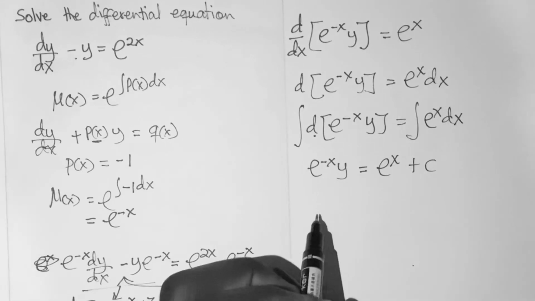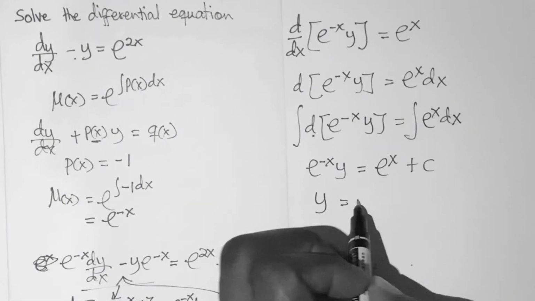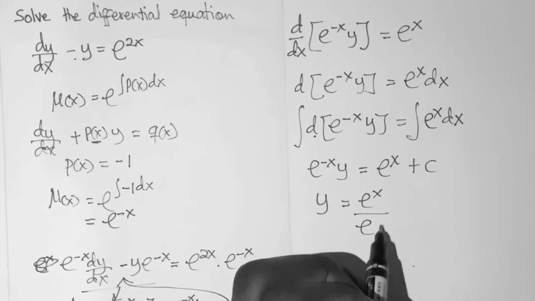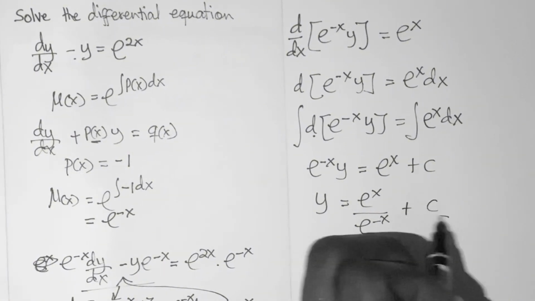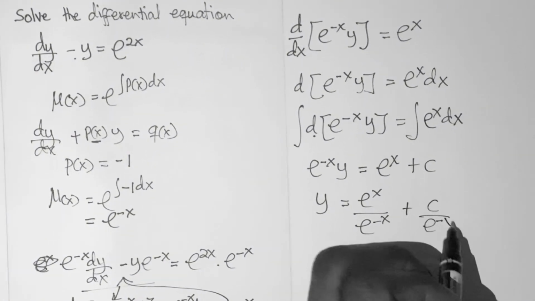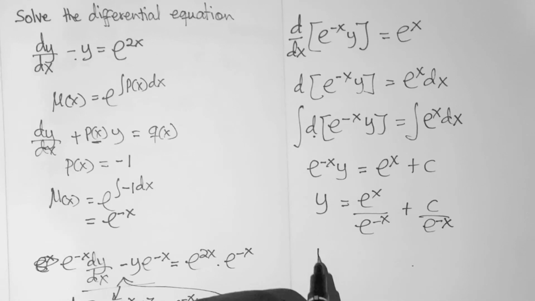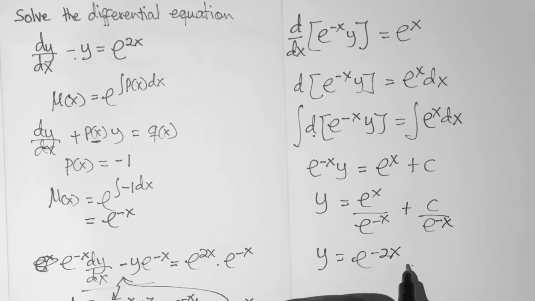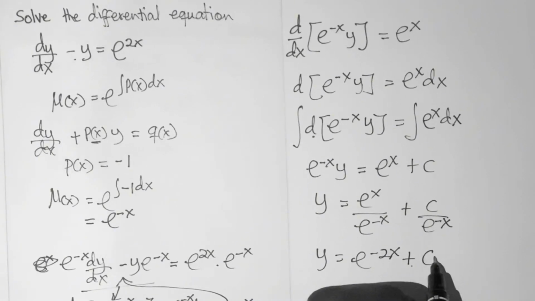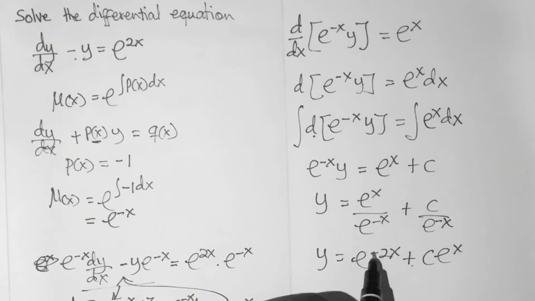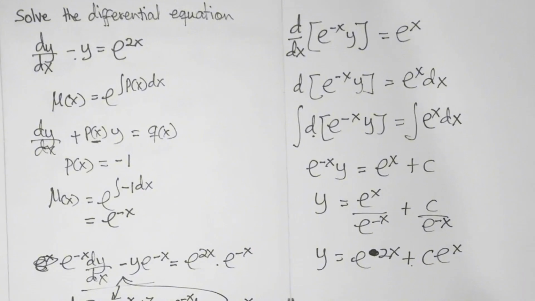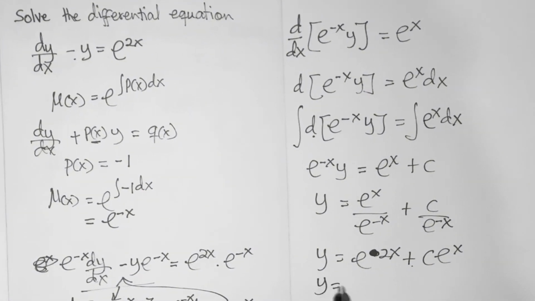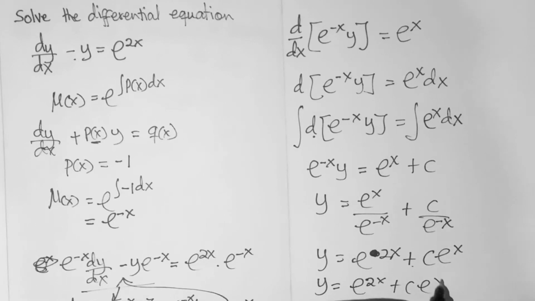So let's make y the subject. y is equal to e^x divided by e^(-x) plus c divided by e^(-x). So you see that y is equal to e^(-2x) plus c e^x. Sorry, there's a mistake here. It's rather y equals e^(2x) plus c e^x.